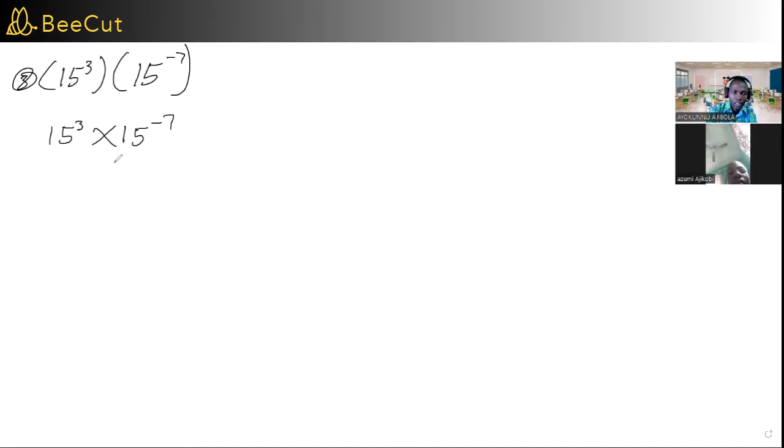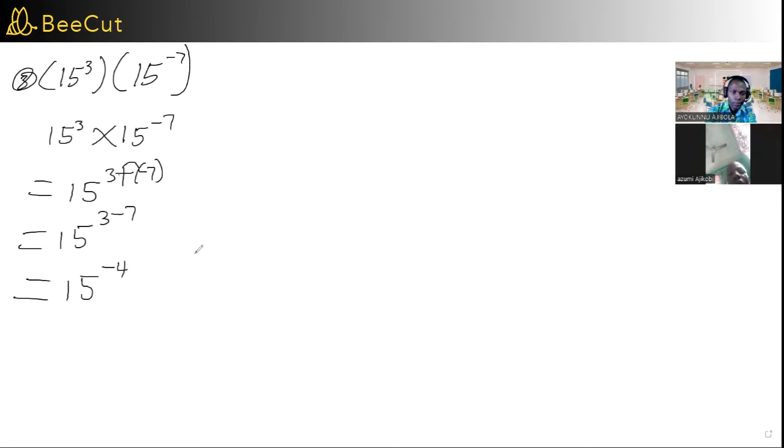And this becomes indices. Very good. So we're going to pick one of the 15, then we will add the power: 3 plus negative 7. Then we have 15 raised to power 3 minus 7, because minus times plus is minus. And then finally I have 15 raised to power minus 4.